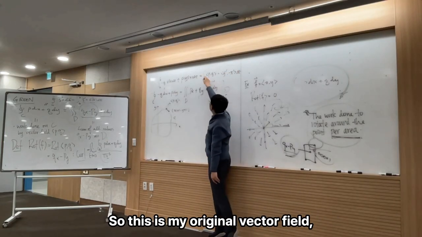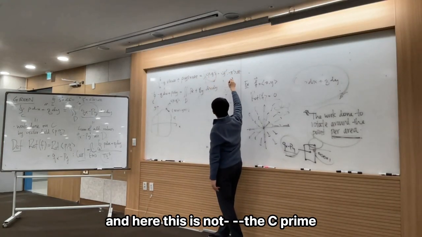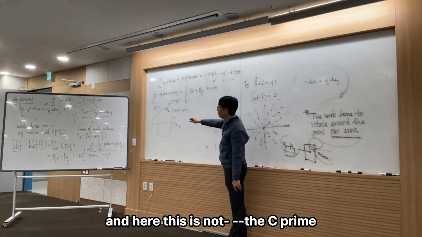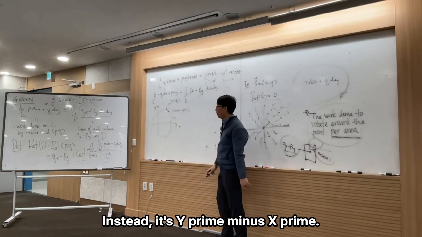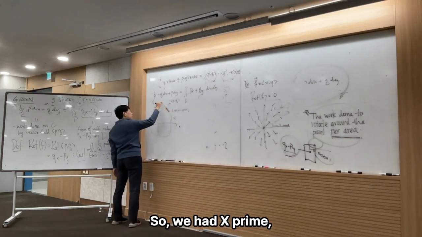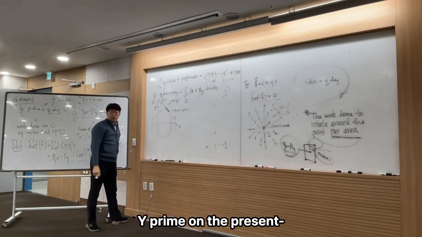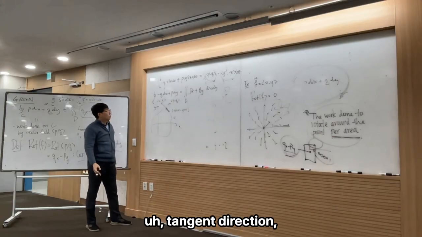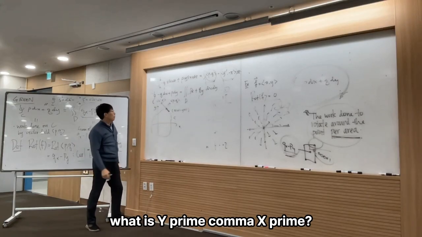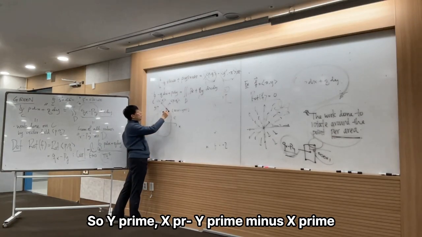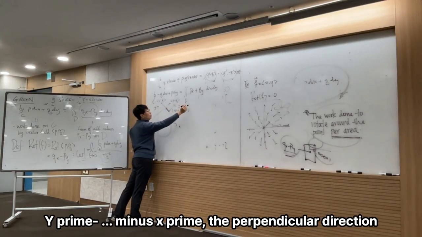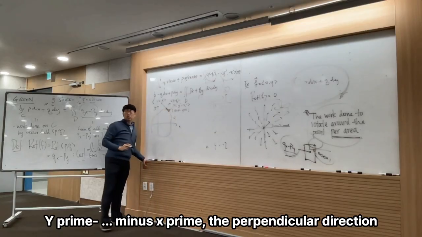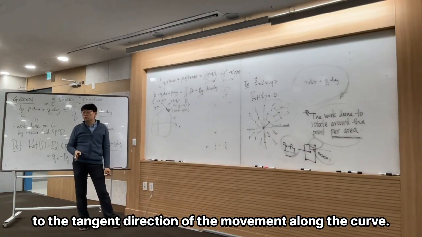So this is my original vector field, and here, this is not c' because it's not (x', y'). Instead, it's (y', minus x'). So we had (x', y') on the tangent direction. What is (y', minus x')? It is the perpendicular direction to the tangent direction of the movement along the curve.